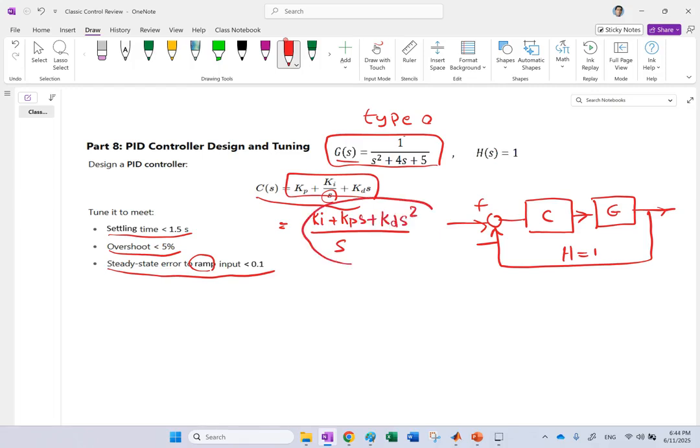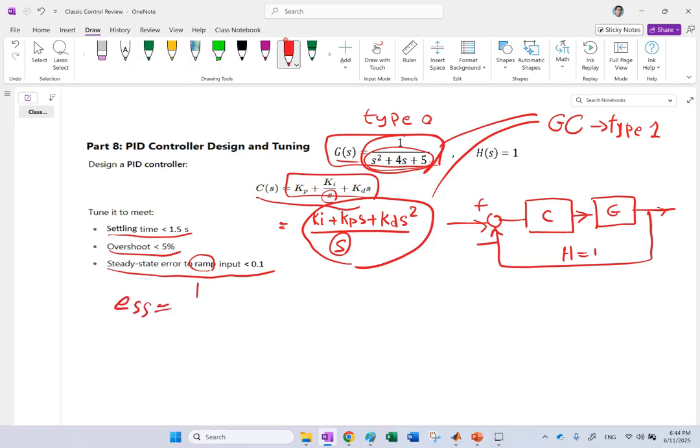And now if I multiply that by this one, I will get this s multiplied by that. So now the two of these together, my g times c is going to be a type 1 system. And a type 1 system will have a limited, finite error in response to ramp. And if you remember, it was 1 over kV from the previous example.